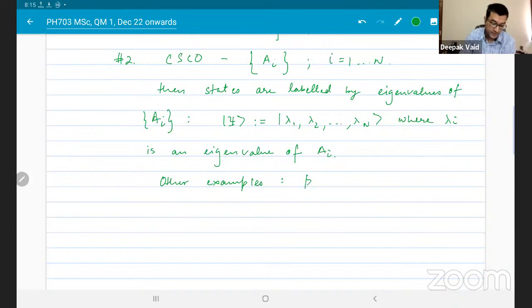Then not just momentum and kinetic energy, you have Px, Py, and Pz, let's say, right? All of these commute with each other, right? And also the kinetic energy. So P square. P square is the sum of the square of all three. All of these commute with each other.